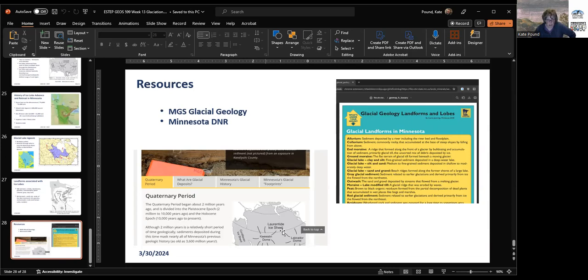You'll recognize this diagram, and there's a lot of information there. They've got some good pictures as well. I've also put the Minnesota at a glance handout into D2L. So enjoy exploring Minnesota glaciation.